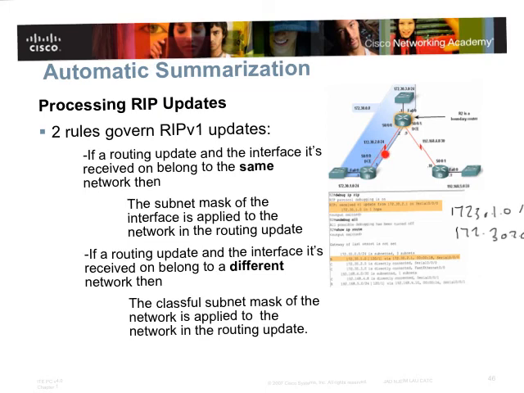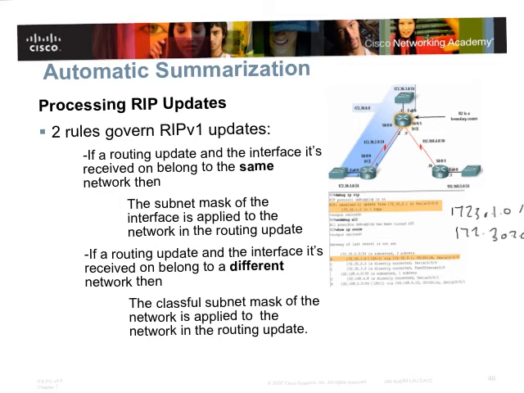So if router 2 sends the route entries to router 1, it will send 172.30.3.0/24.